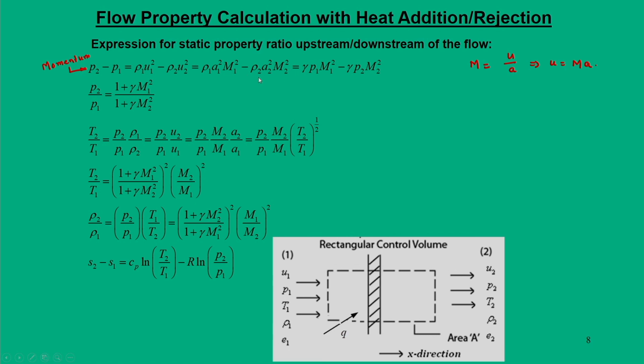Again, we know that A square is equal to gamma p by rho. When you put this relation here, we are able to express A square as a function of pressures. Now we write P2 minus P1 is equal to gamma P1 m1 square minus gamma P2 m2 square.